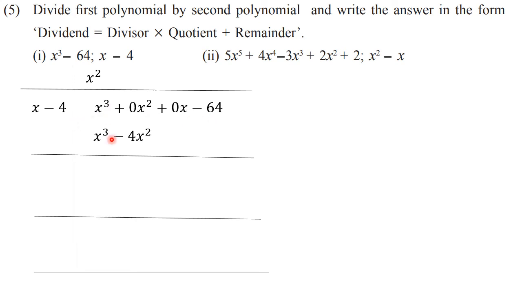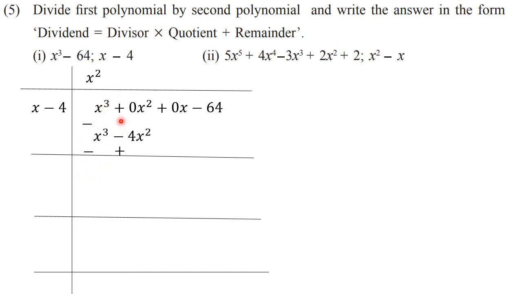Then we are going to subtract this as we are doing in our regular division. Then when we are doing subtraction, we are going to change signs of this second polynomial. Both the term signs we are going to change. So plus will become minus and minus will become plus. So plus x cube and minus x cube, it will get cancelled. Our answer is 0 here. Generally we are not writing. You can cut it with pencil like this, that it is getting cancelled here.